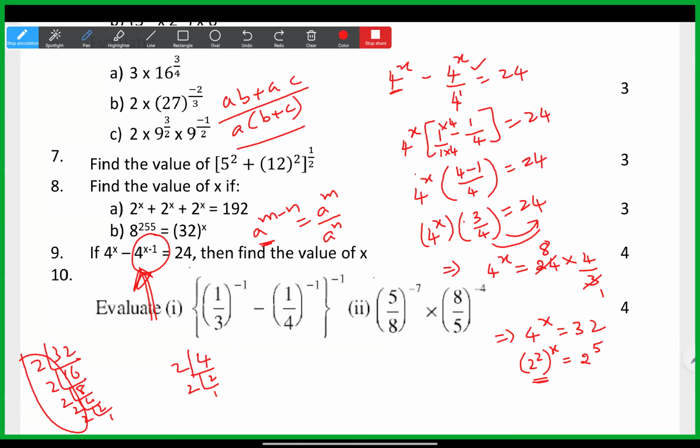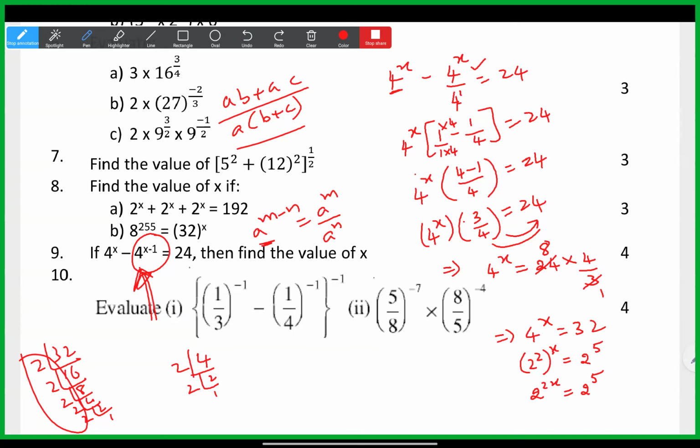Sir, a power m whole power n is equal to a power mn. Nice. So what do I have to write now using that? Sir, 2 power 2x is equal to 2 power 5.